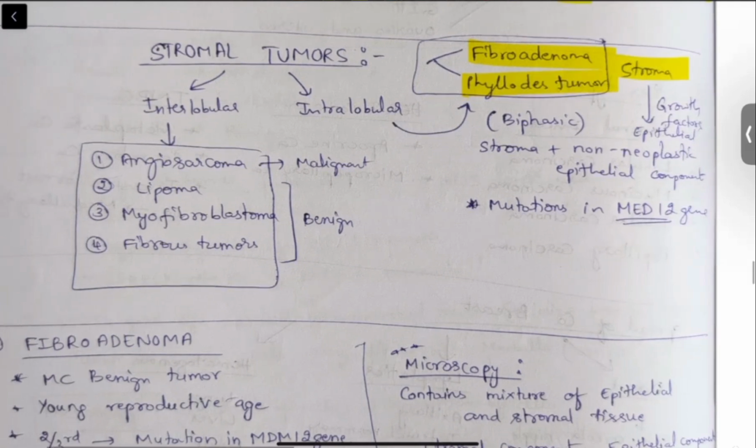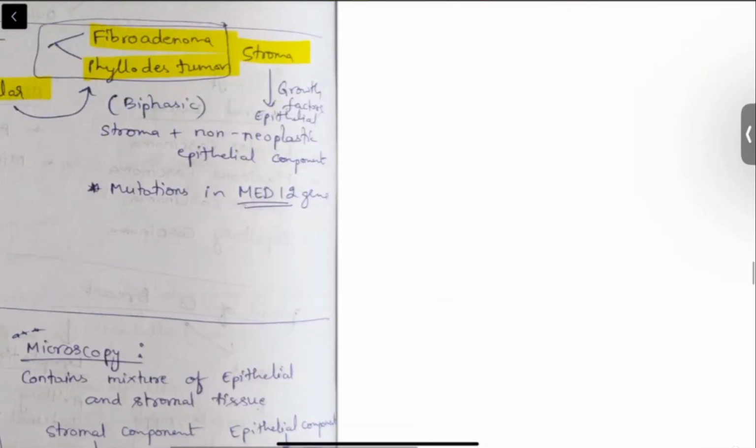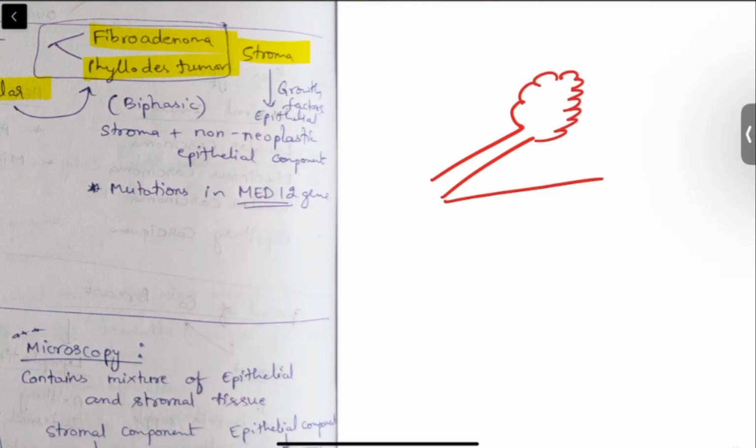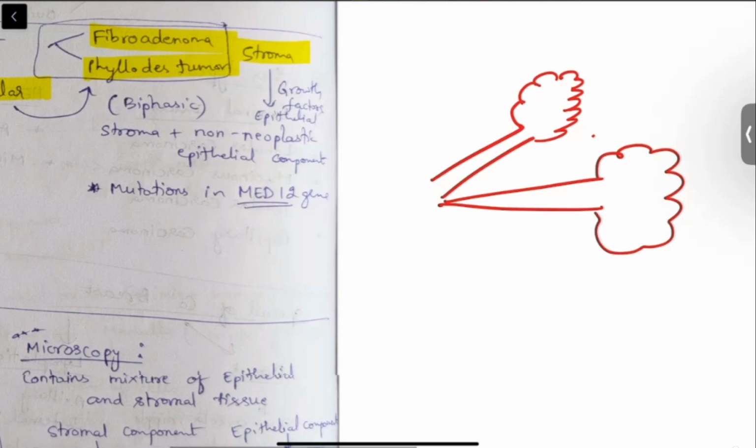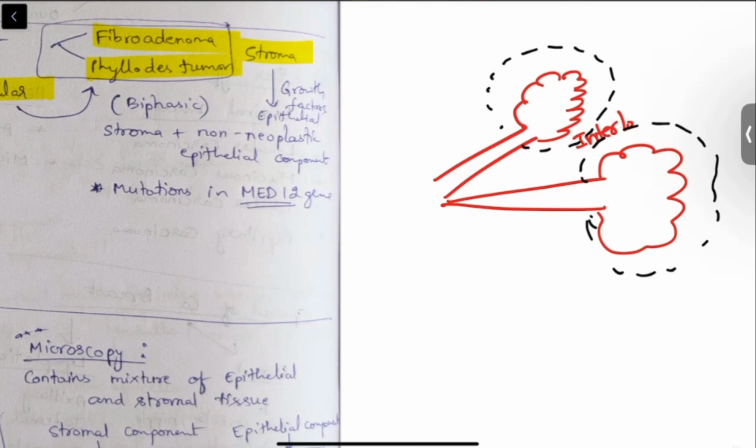This can be again classified as interlobular stroma or intralobular stroma. So again we will have to resort to the anatomy. Whatever the stroma is here, this is interlobular stroma, and the lobule consists of a certain region, and whatever stroma is there within that lobule, that is intralobular.